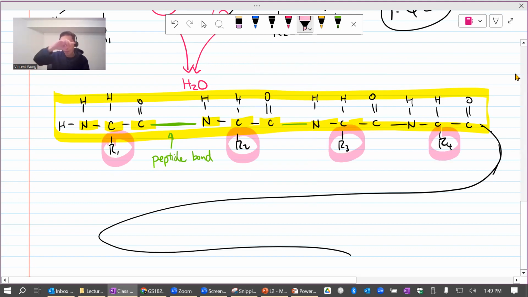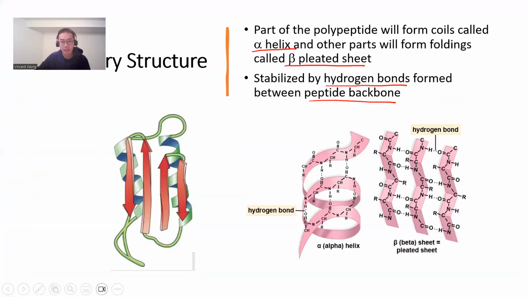Okay, so that yellow part there, the backbone, is the thing that is going to be stabilizing the secondary structure. Okay, stabilizing the beta sheets as well. Okay. All right.